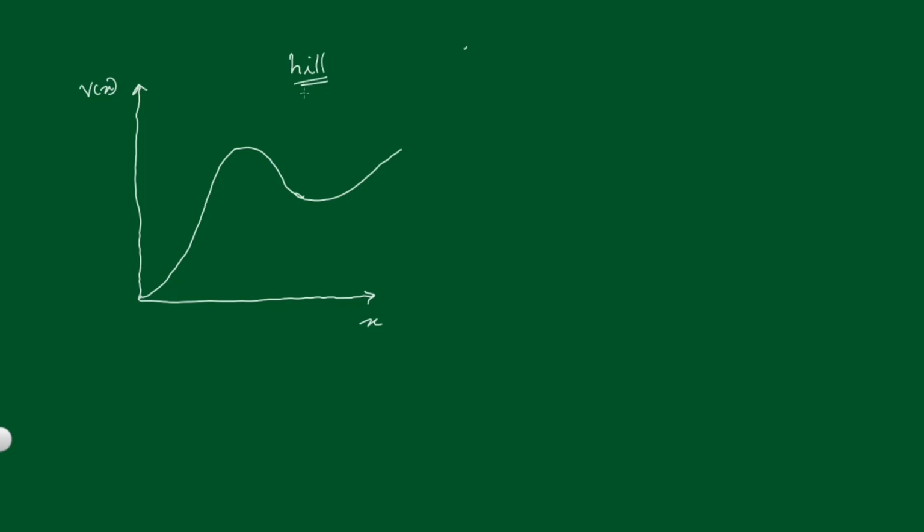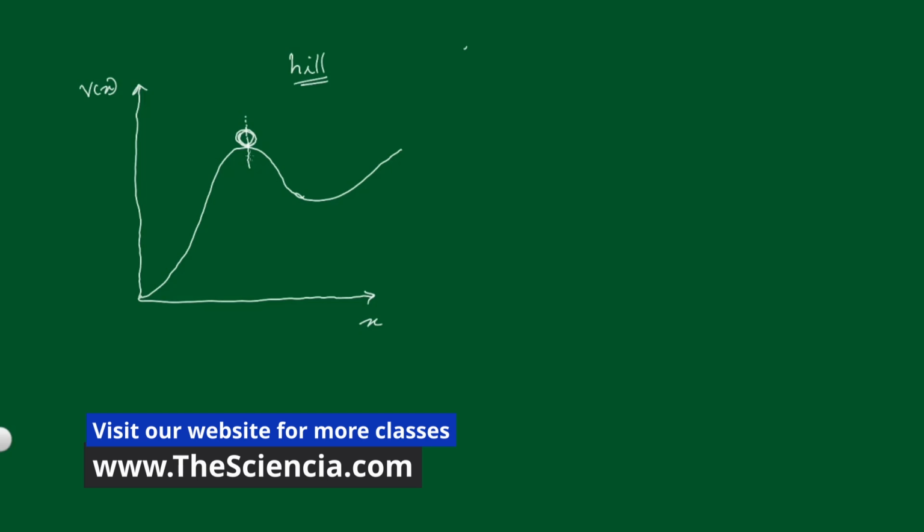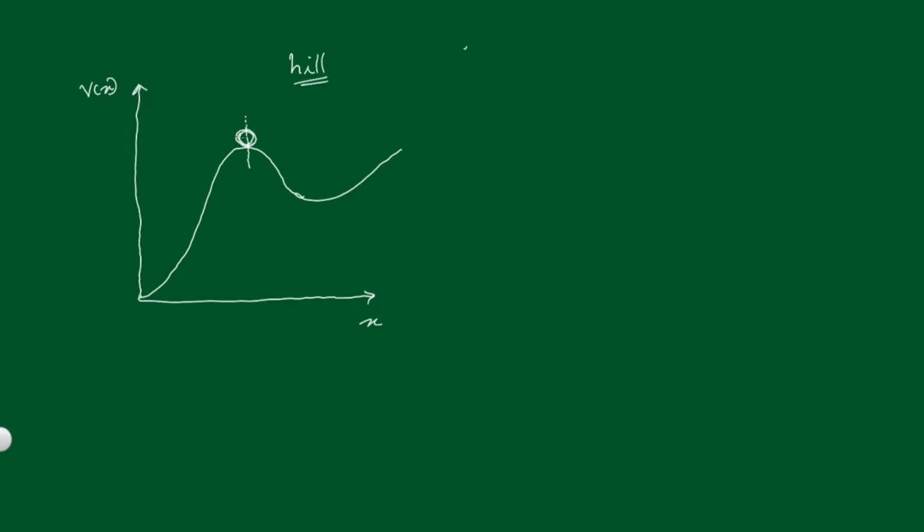Suppose this is a hill, and you place a ball here. What will happen? It can stay there if you put it exactly at that peak point, and if you slightly touch that ball, it will go down in this direction or in this direction.